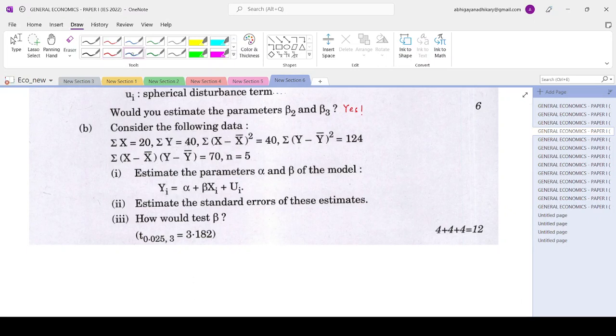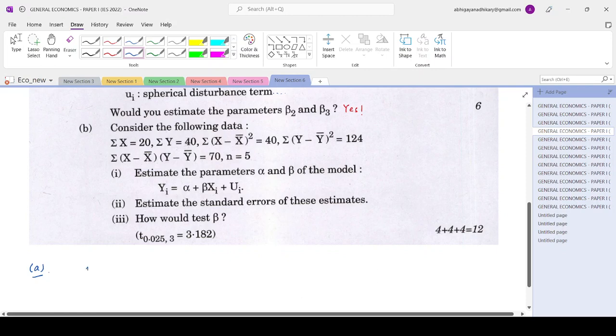So we are in part A of the question, where small yi equals beta 2 x2i plus beta 3 x3i plus ui. This is my original model, i running from 1 to n.